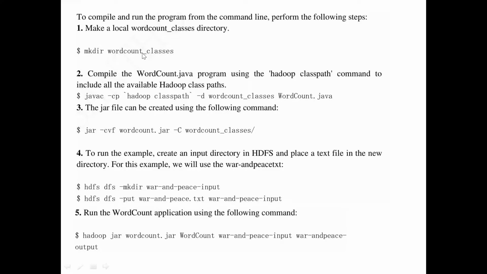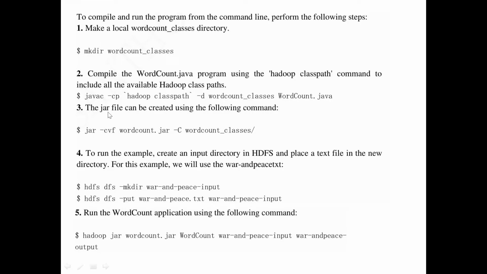Next is to compile the WordCount.java program using the Hadoop classpath to include all the available Hadoop classpaths here. To do that, we use javac -cp. Then we include this Hadoop classpath. Then where this Java program is stored, it is stored in this WordCount directory classes, and we need to compile this Java program.